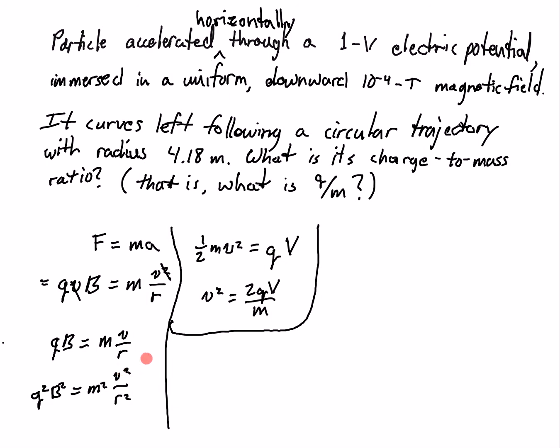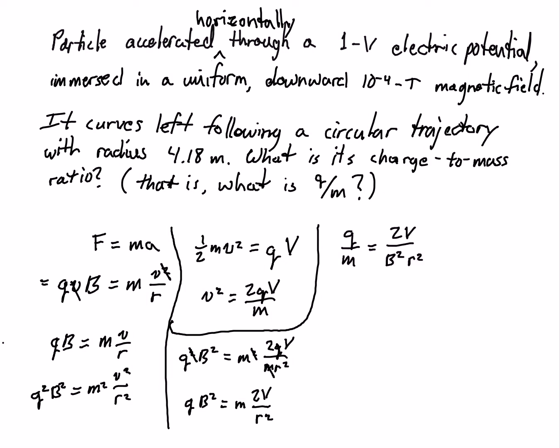Now I can substitute in this expression for v squared right here. The m on the bottom here cancels one of the m's on top, and this q on the right side cancels one of the q's on the left side, leaving us with this, and we can now move the m over to the bottom of the left side and the B squared to the bottom of the right side, and then we will have solved for q over m.